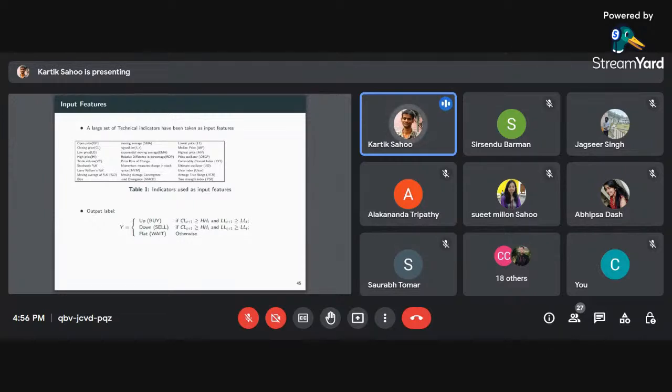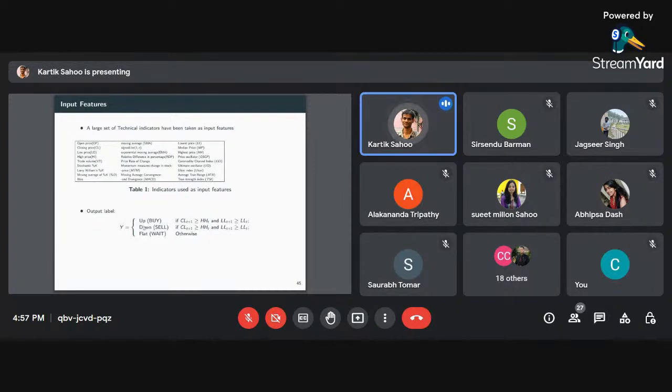Now, what will be the output label? Basically, this slide is telling what we can take as our input features and what we can take as our output label. Input is the technical indicators along with the price data. With the time series, we take the historical data as our input, and along with it we take these technical indicators also as our input set.